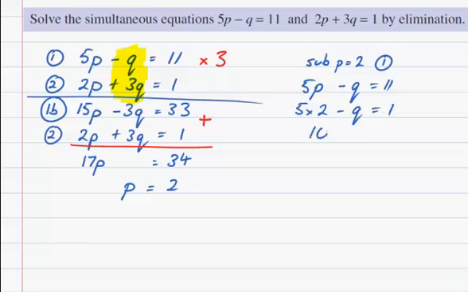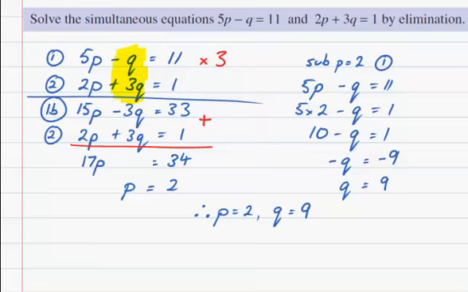That gives me 10 minus q equals 1. Subtract 10, so negative q equals negative 9. If negative q equals negative 9, then positive q equals positive 9. So my solution is p equals 2, q equals 9.